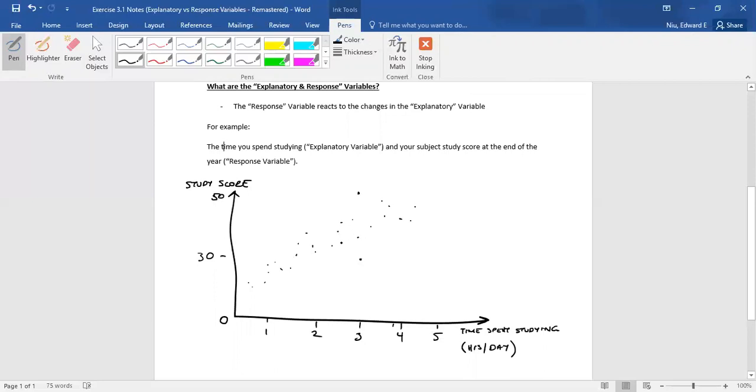Each dot represents a person, and later on, as we investigate scatter plots, we can see how strongly correlated or how strongly connected two variables are to each other, depending on how spread these dots are. But exercise 3.1 is literally just identifying explanatory and response variables. Let me know if you have any questions, but that's it.